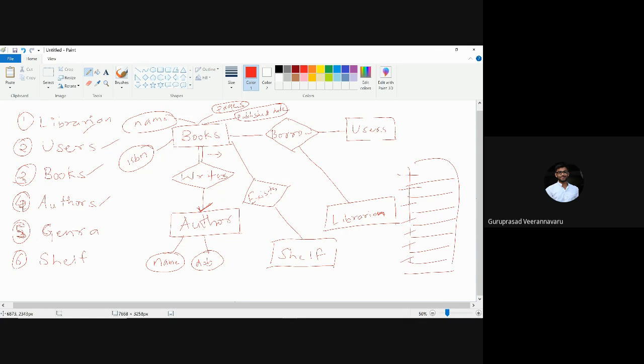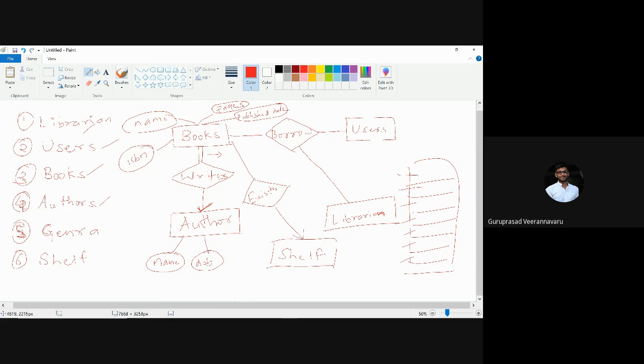So if it is one to many, can I put it one to many? No. Many books in one shelf, so from the book side, it is many to one.